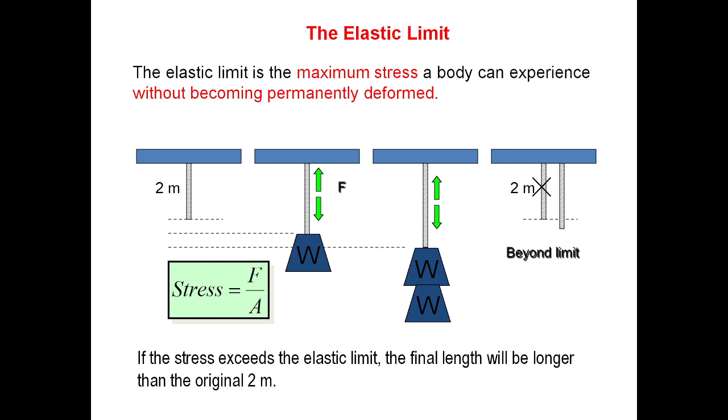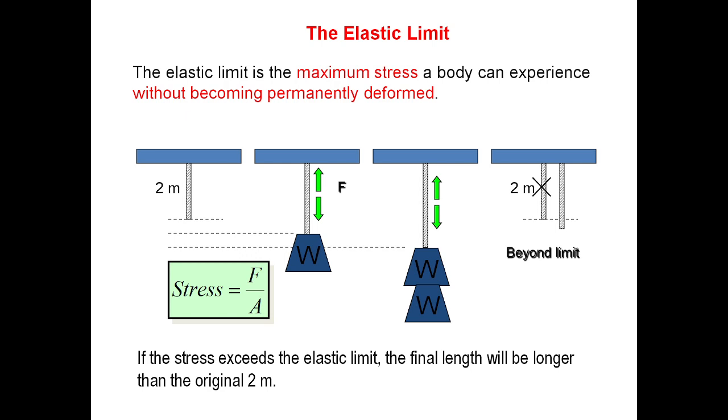Elastic limit. Next, we have to see about the elastic limit. The elastic limit is the maximum stress a body can experience without becoming permanently deformed. Here, a 2-meter wire is taken.